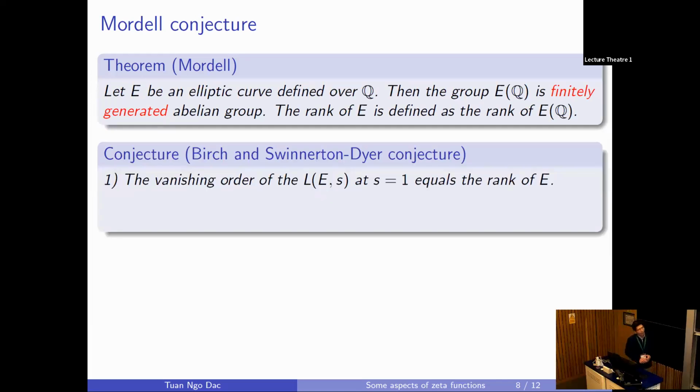And then there is another famous conjecture due to Birch and Swinnerton-Dyer, which states that if you look at this analytic function, the L-function of the elliptic curve, then the vanishing order of this function at s equal to 1 is equal to the rank of E. So it's a kind of bridge between analytic objects and algebraic objects.